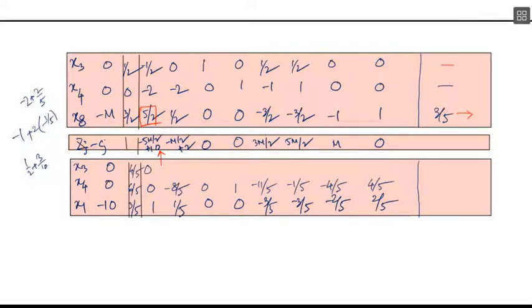It will be 0, it will be 1 by 10, it will be 1, it will be 0, it will be half minus 3 by 10, that is 5 by 10 minus 3 by 10, that is 1 by 5.